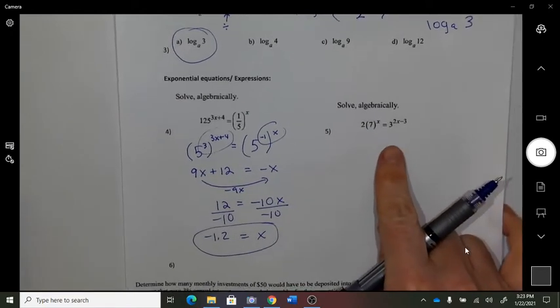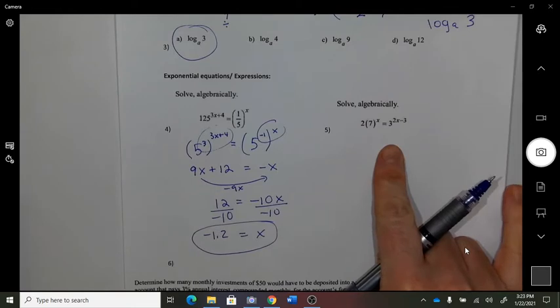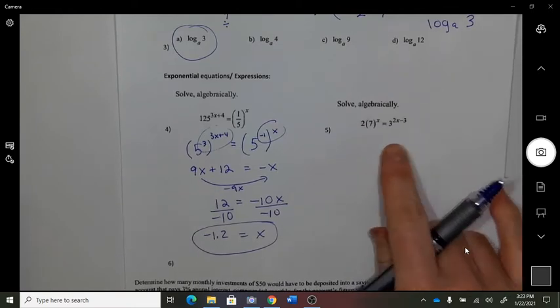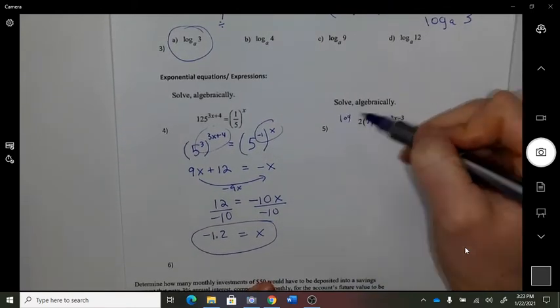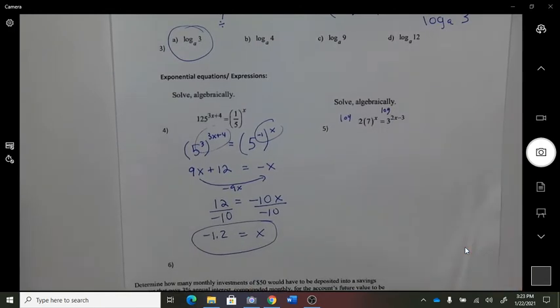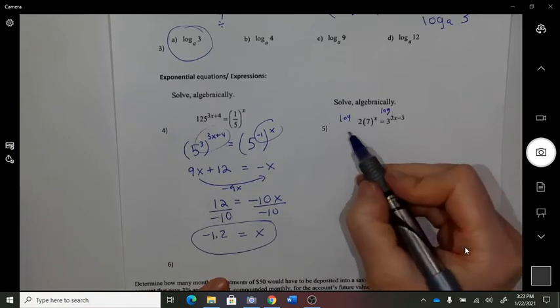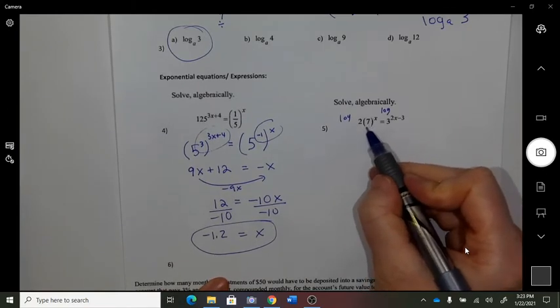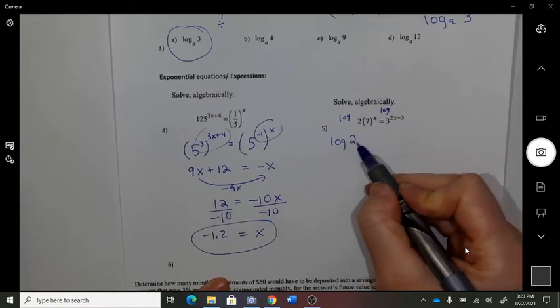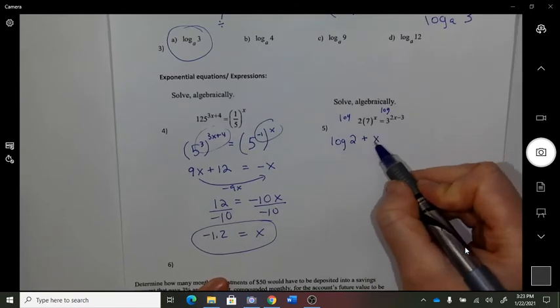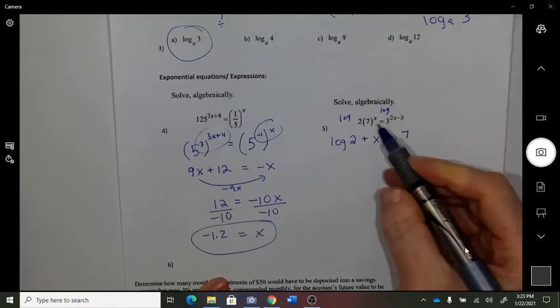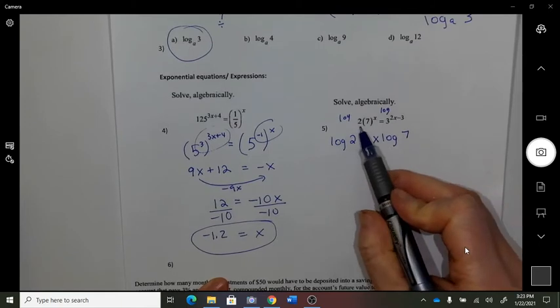Okay, next, I am not going to be making this into the same base, so I'm going to log both sides, which will help me get the exponents out of the exponent position. Okay, so this and this are multiplied, so I'm going to go log 2 plus x log 7, because I'm doing all my rules at once.